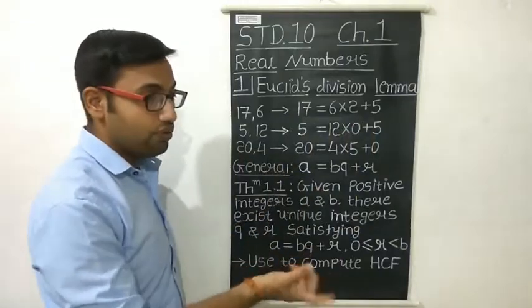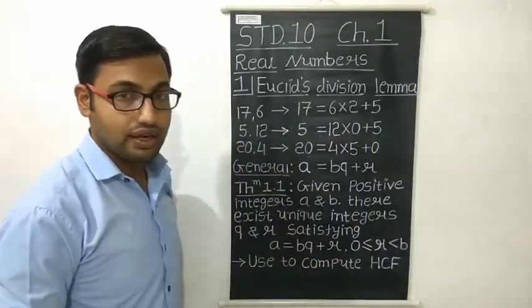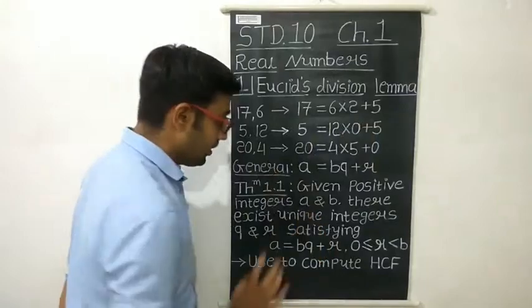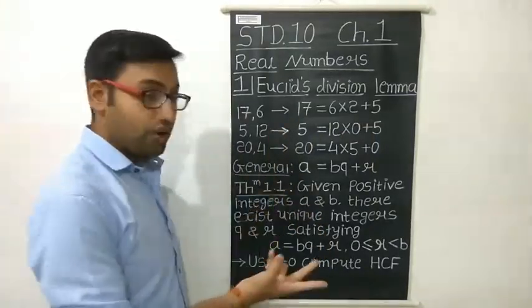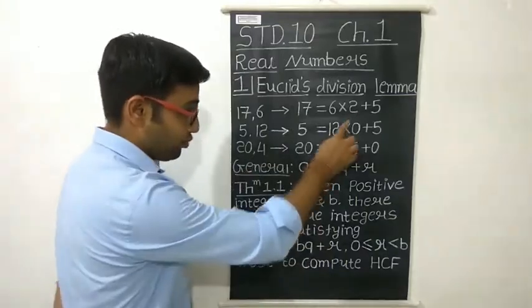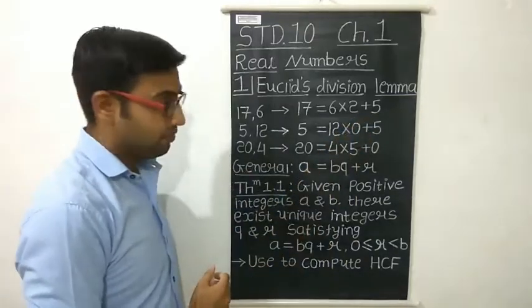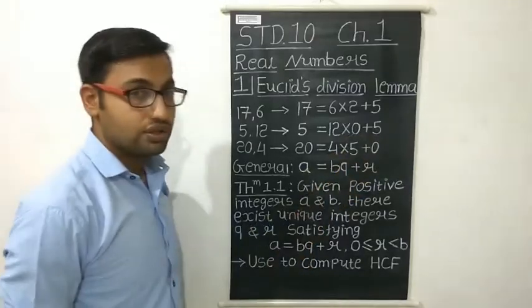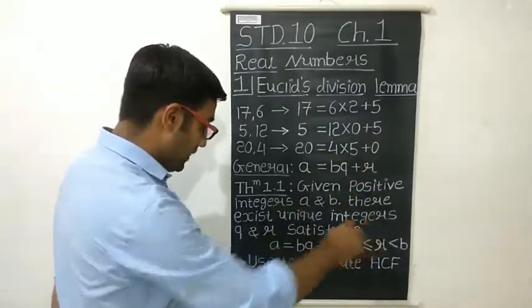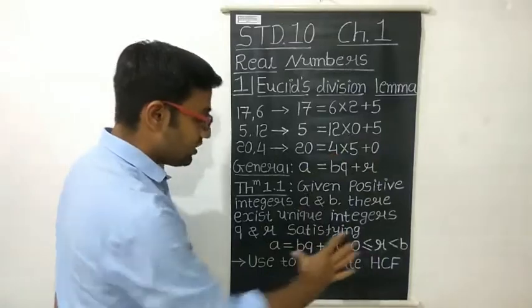Other than these values, we cannot find any. That is why the word unique is used here. So we get two other integers q and r. Yes, 2 and 5 are both integers. In all three cases, 2 and 5, 0 and 5, 5 and 0 are integers. So unique integers satisfy this condition.